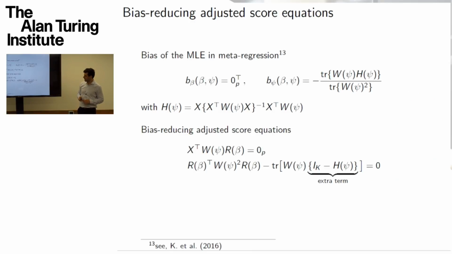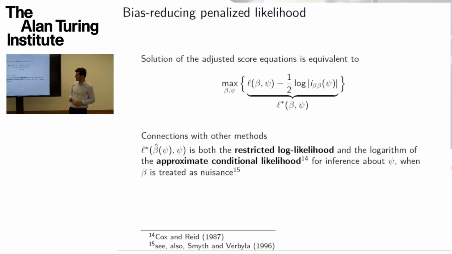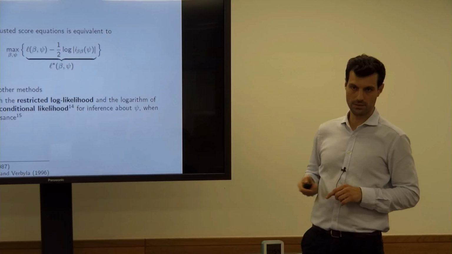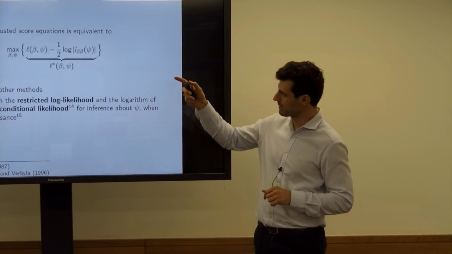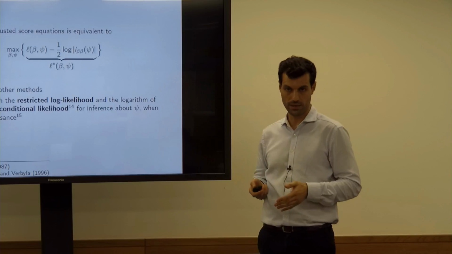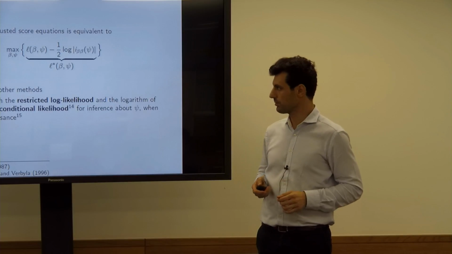Now, the integral of the adjusted score functions here is path independent. So there is a penalized likelihood, and actually you can find it. It looks like this. So you penalize the likelihood by the inverse of the Jeffreys prior. And this is exactly equivalent to the adjusted scores. The maximization of this adjusted likelihood is equivalent to solving the adjusted score equations.